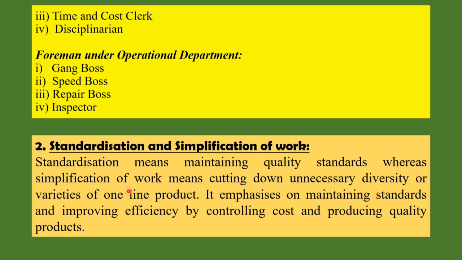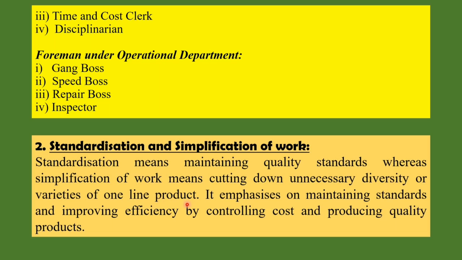Next comes your simplification of work. Simplification of work means cutting down unnecessary diversity or varieties of one line of product. Today we see an organization produces various varieties of product, but only that product should be produced which is profitable or fruitful for an organization.